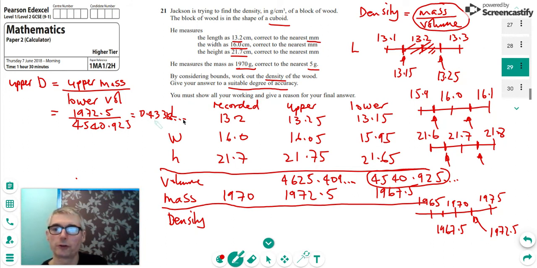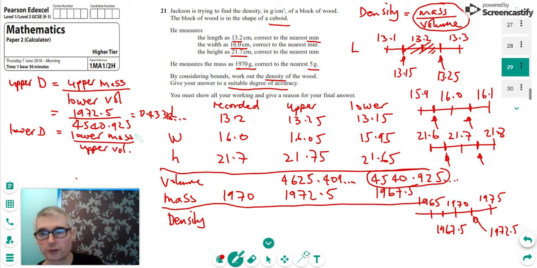So 0.43328. Now the lower boundary for the density would be given by taking the lower value of mass divided by the upper value of volume, because we make the top of the fraction as small as we can and the bottom of the fraction as big as we can.